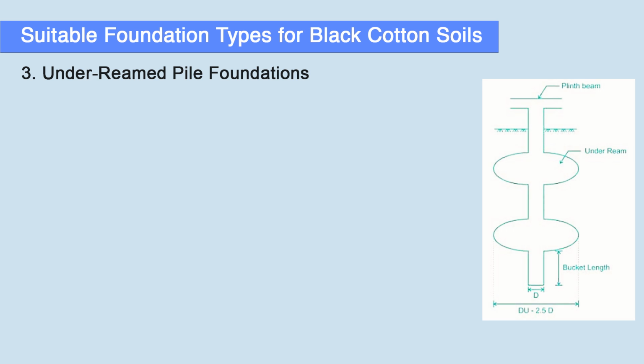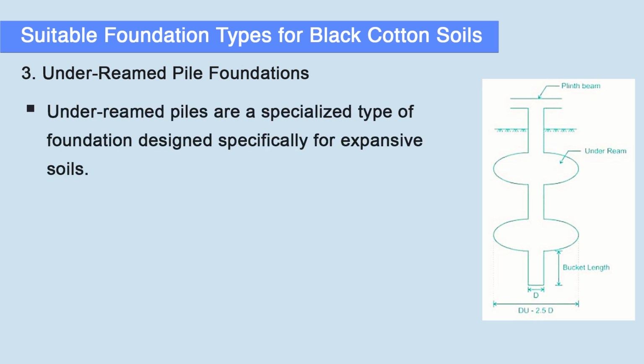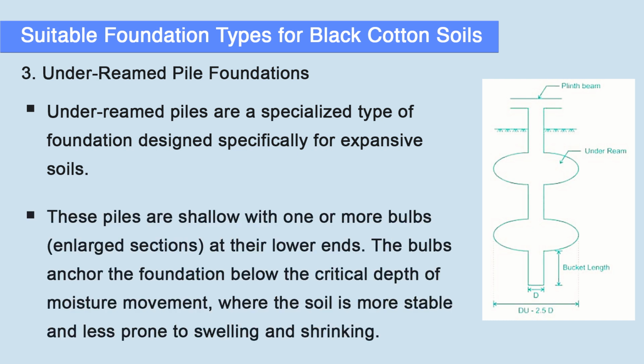Then the next is under-reamed pile foundations. Under-reamed piles are a specialized type of foundation designed specifically for expansive soils. These piles are shallow with one or more bulbs at their lower ends.